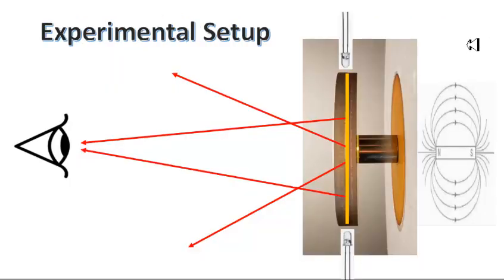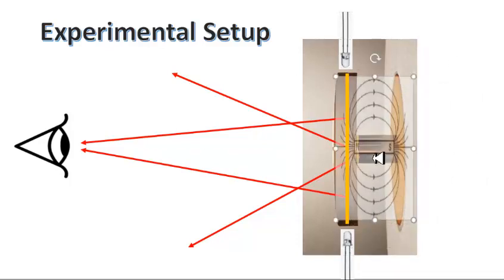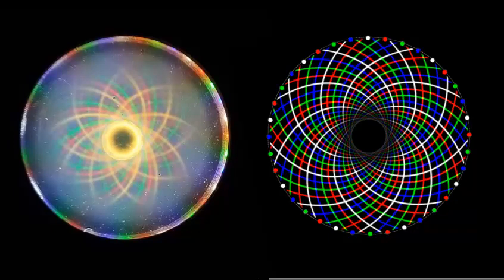What's actually going on here is that we've got the magnet right here, which has a magnetic field, and the magnetic field intersects the center of the ferrolens, and the light from the LEDs enters the lens and reflects off the tiny nanoparticles that are aligned with the magnetic field only in this plane, and then some of the light reaches our eyes, and we see the famous patterns that we see.